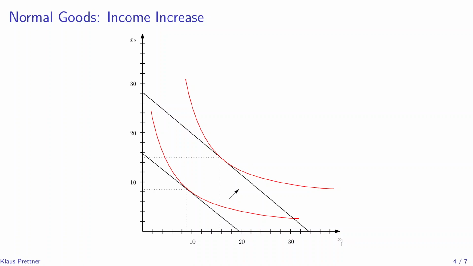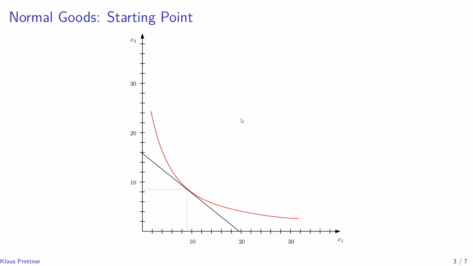For normal goods, the consumer would consume more of good 1, increasing from here to here, and more of good 2, increasing from here to here. That's the case for normal goods: if incomes rise, then consumption of the goods would increase.